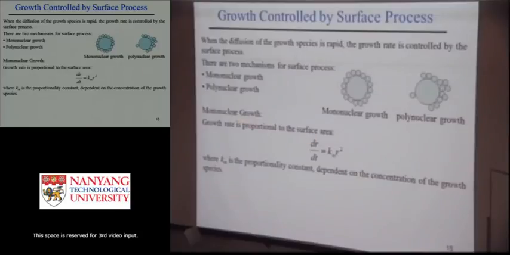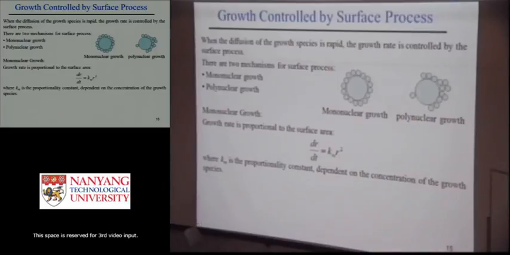Mononuclear growth, actually, this process is proportional to the surface area of the nanoparticle. So the change of the radius of the nanoparticle along the time is proportional to the surface area, which we simply represent with r squared. There's some coefficient, which is related to some system values regarding the liquid and the material as well.